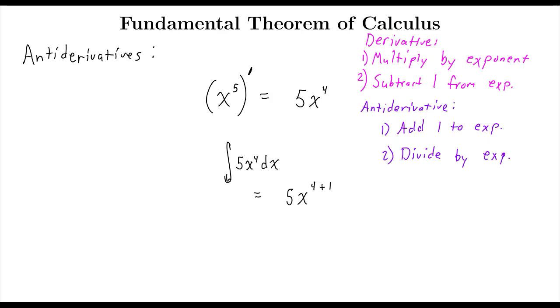Then I'm going to divide by that new exponent. 4 plus 1 is 5, so I'm dividing by 5. That's 5x to the fifth over 5. Of course, those 5s cancel, and that leaves me with x to the fifth. Look at that, I undid the derivative. That's the antiderivative.